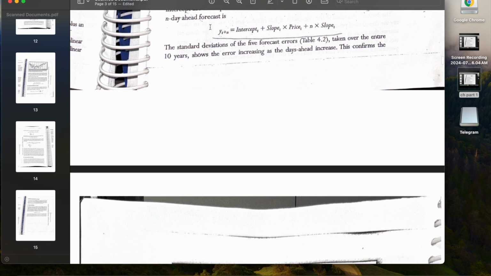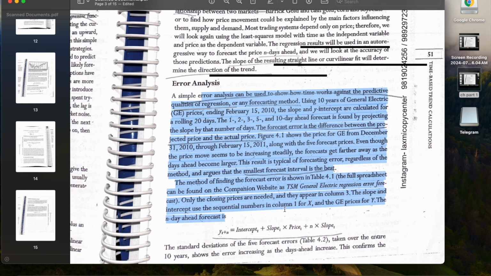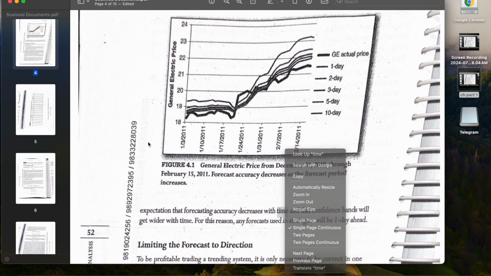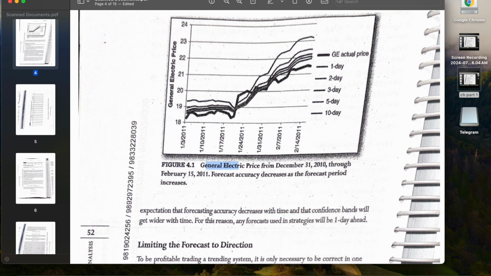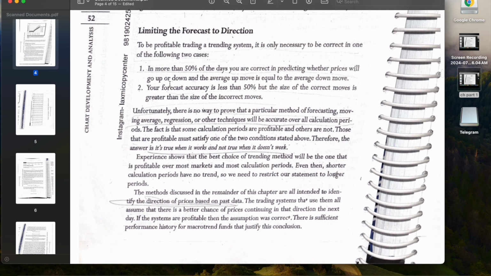You really don't need to get into the depth of this, but I hope you understood what an error analysis is. And look at this price, you can see the difference between the forecast price and the actual price. Again, limiting the forecast to direction. To be profitable trading a trending system, it is only necessary to be correct in one of the following two cases.